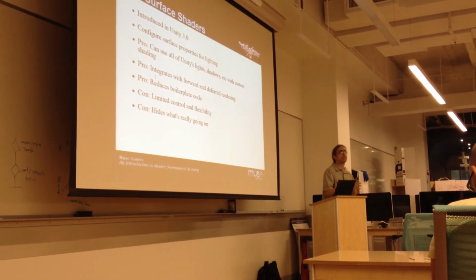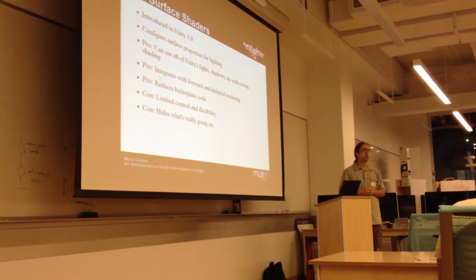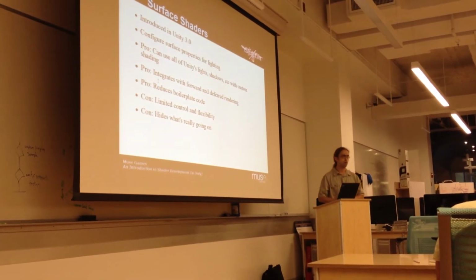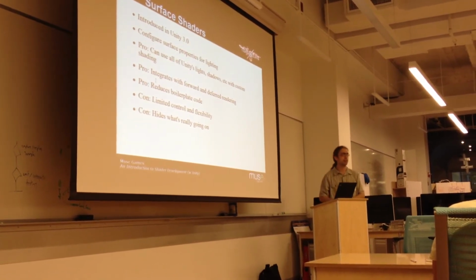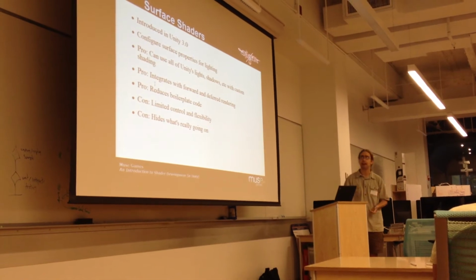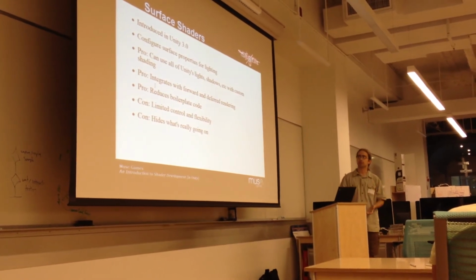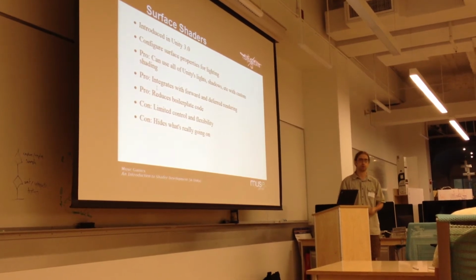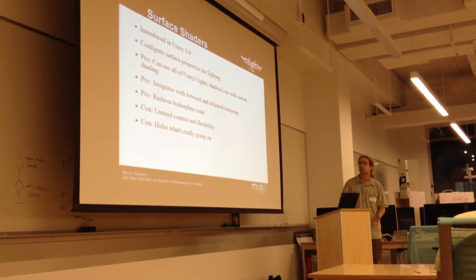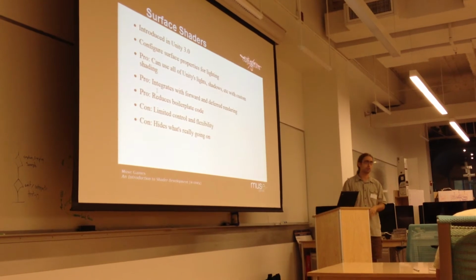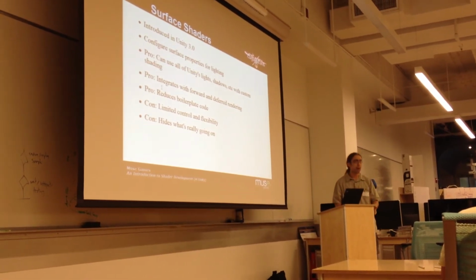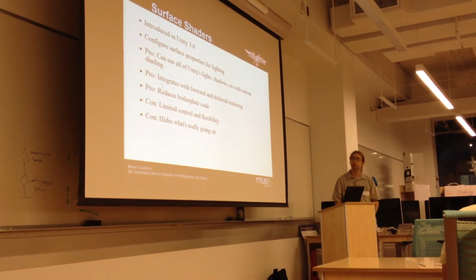Unity also has this fancy thing called surface shaders. Surface shaders are an attempt to wrap up all the fancy multiple light types and multiple rendering paths that Unity deals with, and let you only have to enter the bare minimum of code in order to do something. It has a lot of advantages. You can use all of Unity's built-in lighting options and shadow options, etc., without having to rewrite all those shaders yourself.